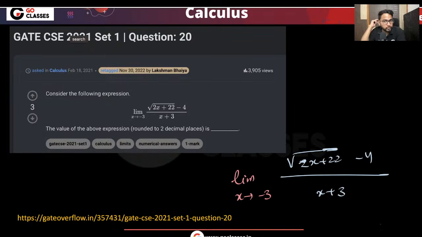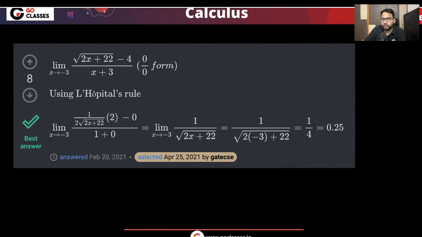So you can use L'Hopital rule here, right? Or there is some other way, but I think L'Hopital rule you can apply. So using L'Hopital, you can definitely solve this question.